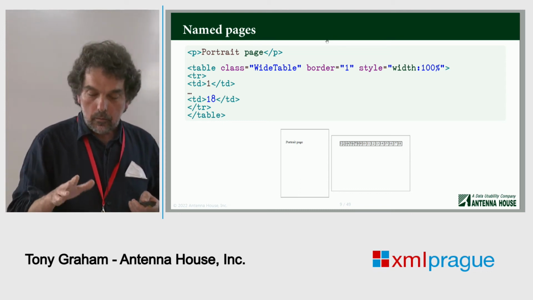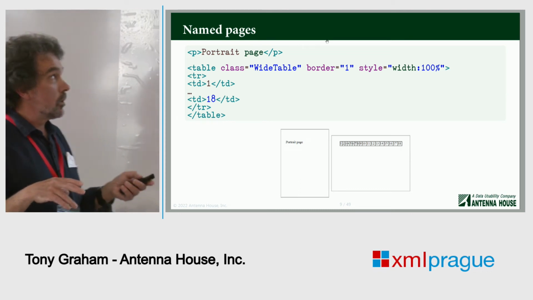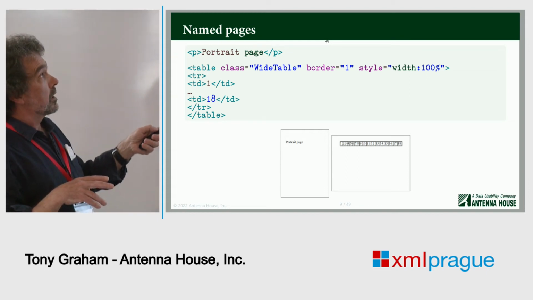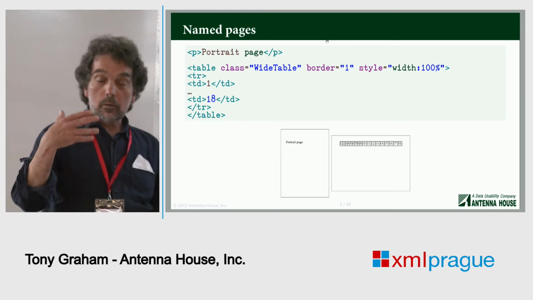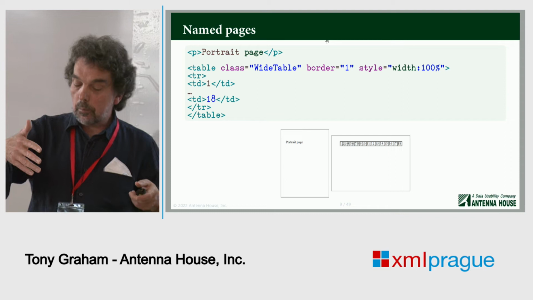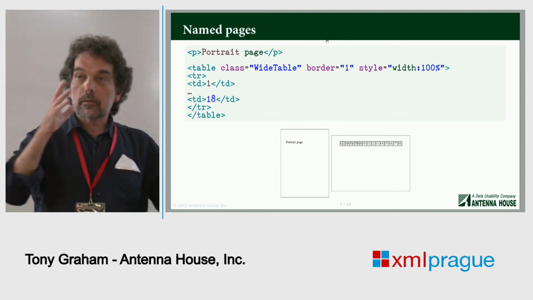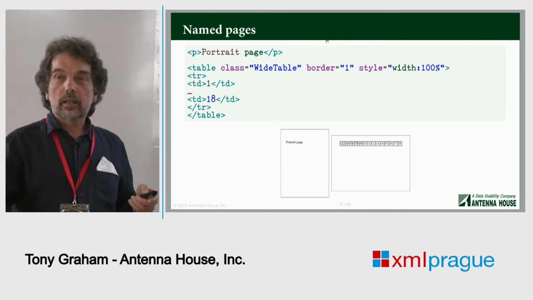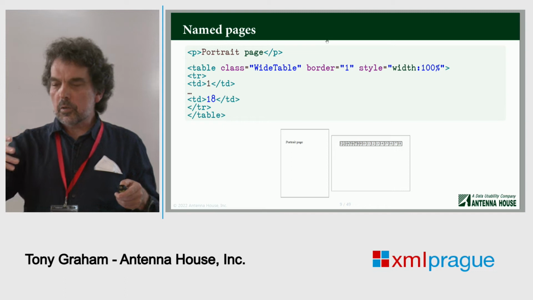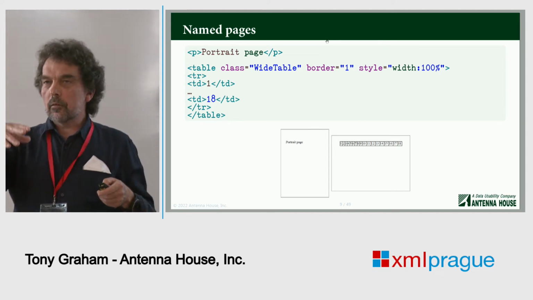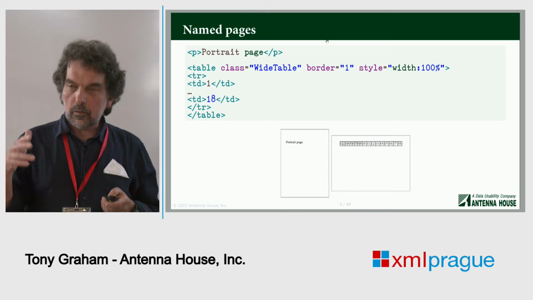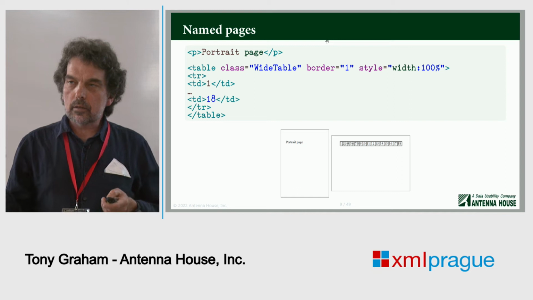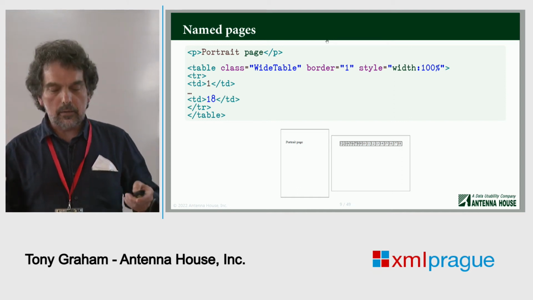So if in this example document we have a portrait page that's followed by a table, which is the wide table, because the named page is different, we've stopped after the paragraph and we started a new page. If you were thinking in XSLFO terms, you set up your page masters beforehand for odd and even pages and so forth. You don't have this type of control without extensions or pre-processing your XSLFO.